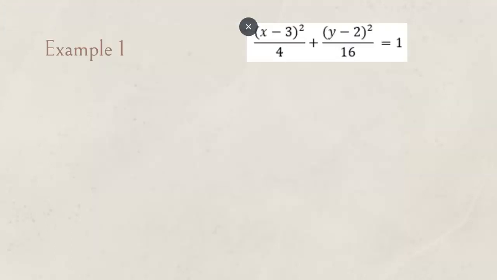Anyway, so I'm looking at this first example, and I'm noticing that my larger number is underneath the y-coordinate. That means my major axis is going to be parallel to the y-axis. So this is going to be a long, skinny type of ellipse.